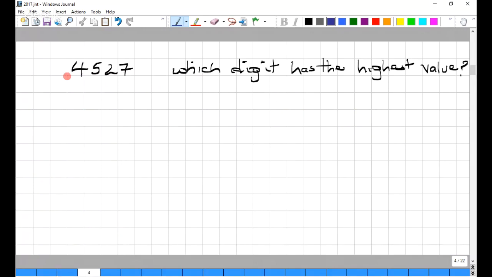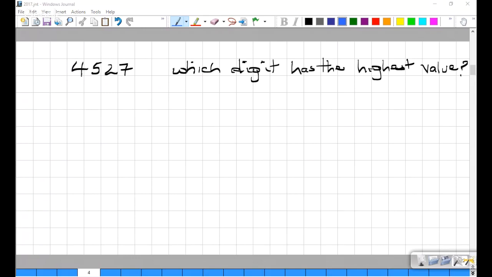Which digit has the highest value? 4. Why do you say 4?